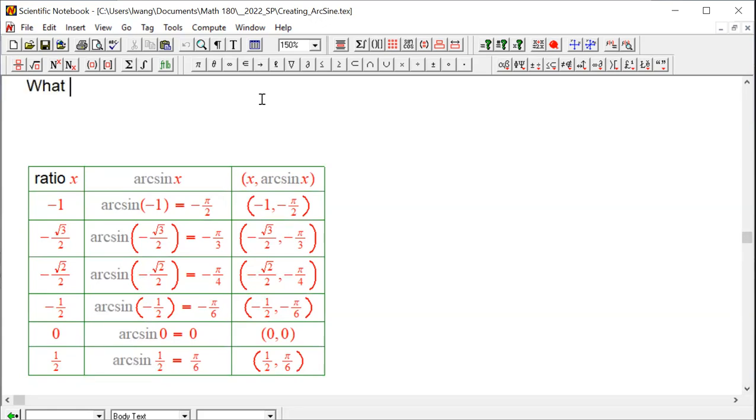What if the input of ArcSine is not a special ratio?